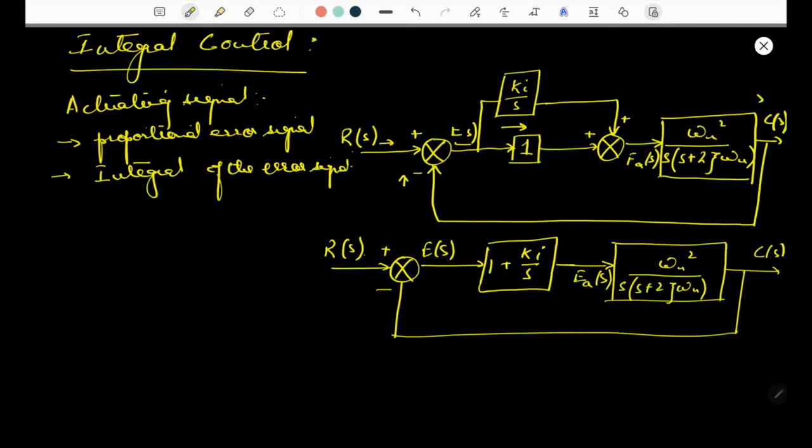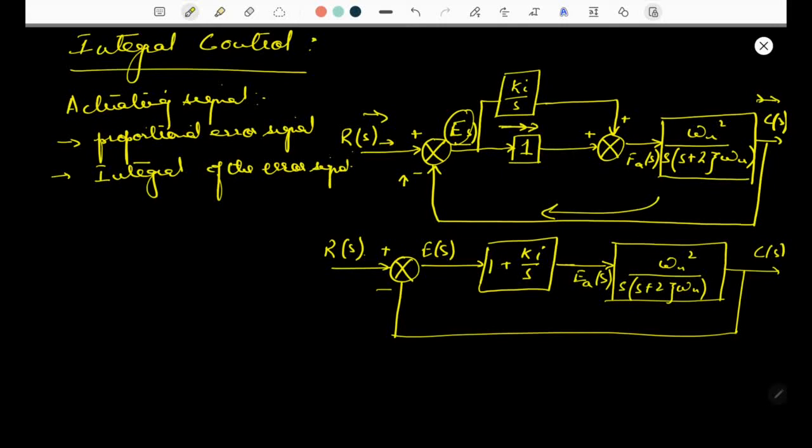This you can easily see in the block diagram shown here. We have the input, the output C(s), and the feedback, which gives the error E(s).